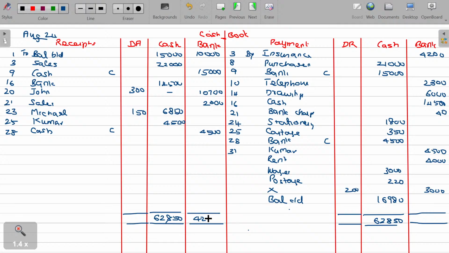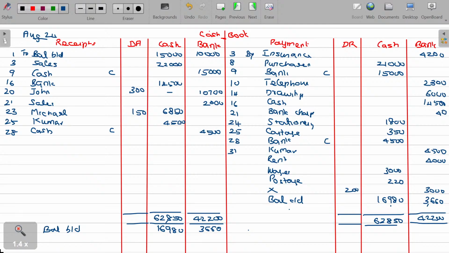Bank column 42,200. Here this value being 3,660. Balance carried out. I rewrite this as balance brought down. 16,980 and for bank 3,660.